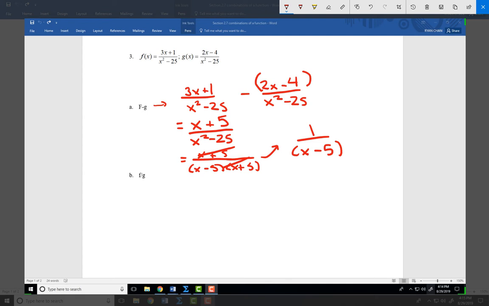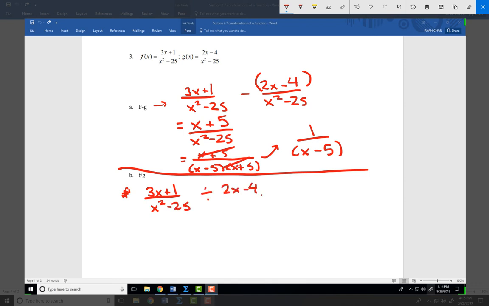So I'm going to do the very last problem, which is f divided by g. So how do I divide this? I'm going to divide 3x plus 1 over x squared minus 25, divided by 2x minus 4 over x squared minus 25.